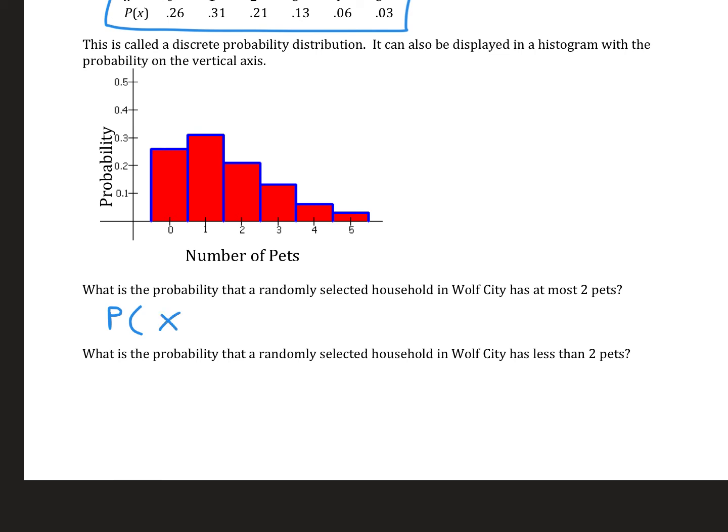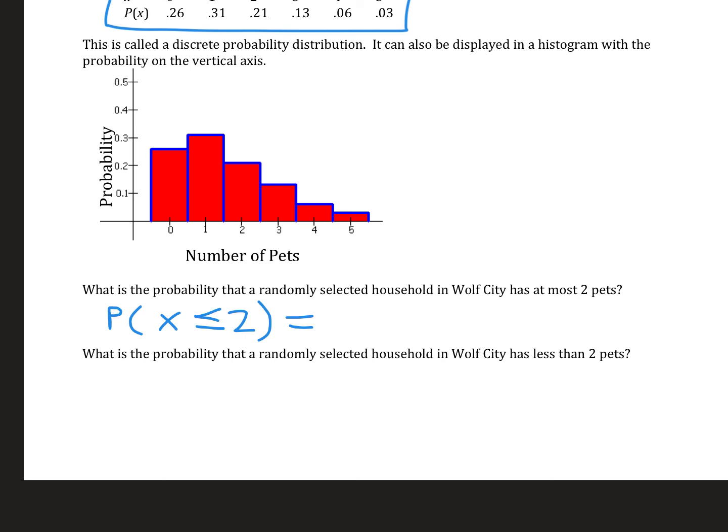So I'm going to use probability notation, probability of x being less than or equal to 2. Because they are discrete, that means they're disjoint. You could either have 0 or 1 or 2 to satisfy this probability. So we're going to add them because remember, or means add.